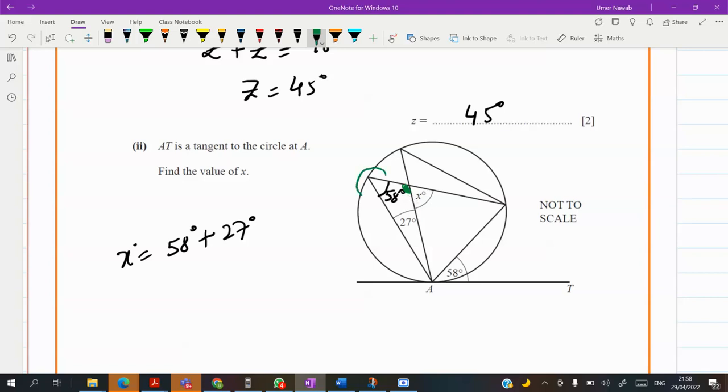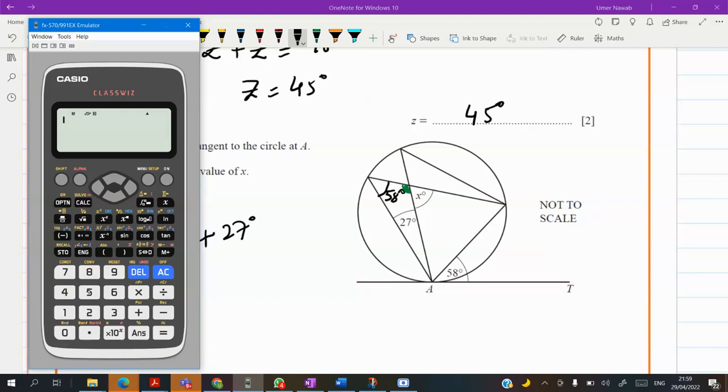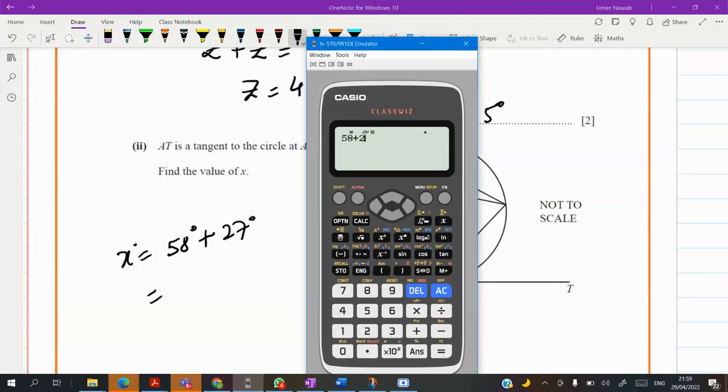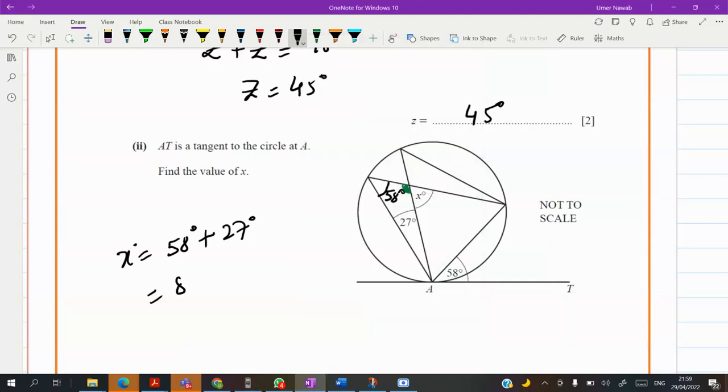But I know that the sum of the two interior angles is equal to the opposite exterior angle. So if you know this is 27 and this is 58, this exterior angle is equal to the sum of these angles. So this concept, basically, I'm using it here. 58 plus 27 gives you 85.